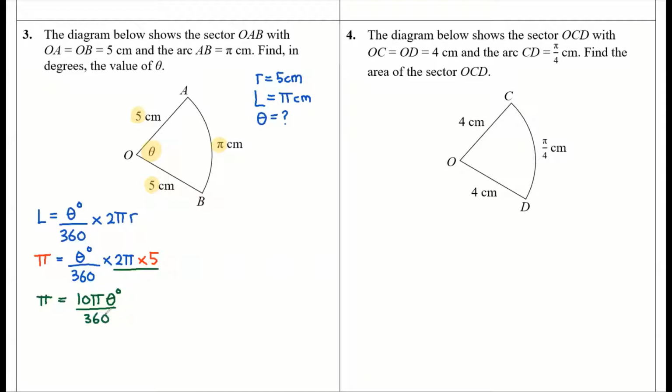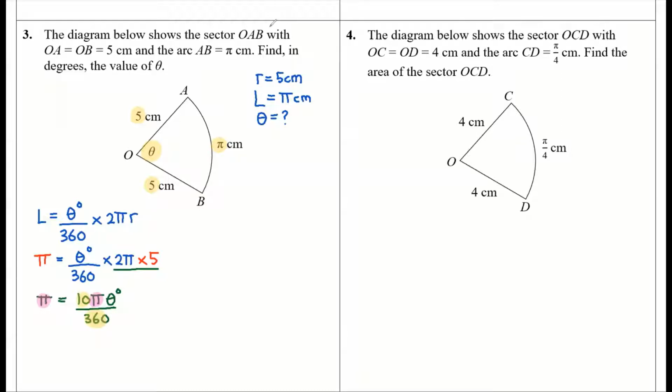Now you can do this many different ways. You'll notice that the pi's are going to cancel. And I've also got a bit of cancellation here with the 10 and the 360. So there's lots of cancelling going on.